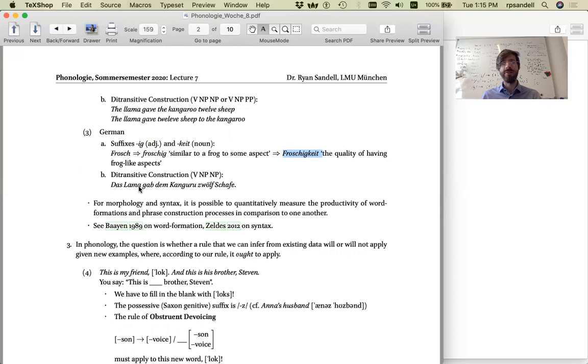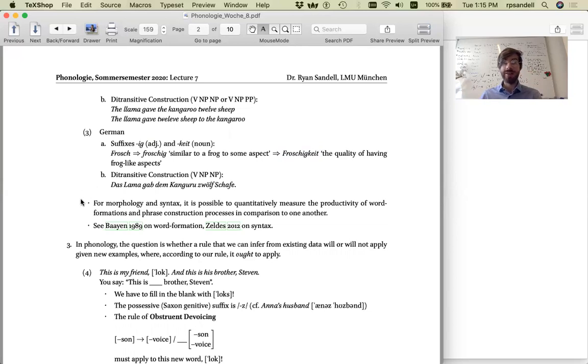And in a ditransitive construction, similarly in German, using the verb geben, give, we have one noun phrase in the dative and another noun phrase in the accusative, and we can have the parallel to the English here, das Lama gab dem Känguru 12 Schafe.